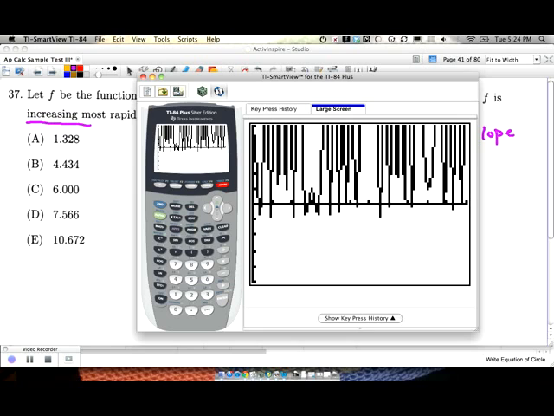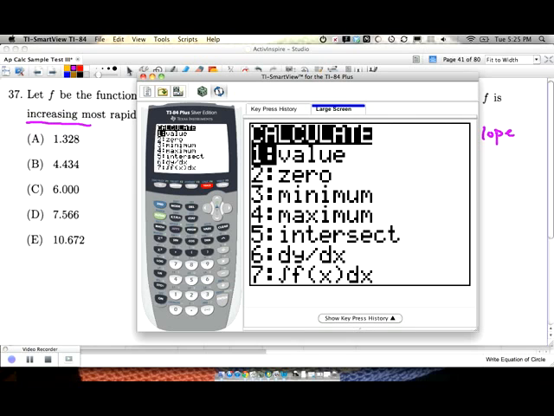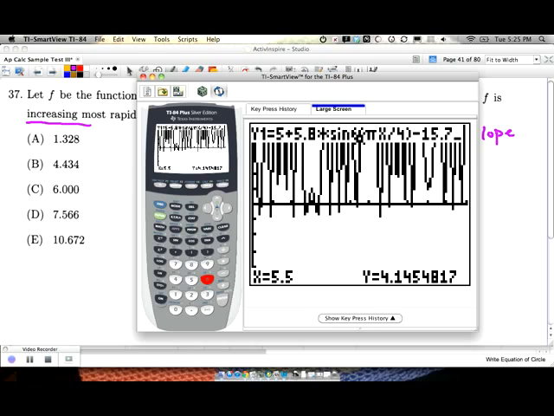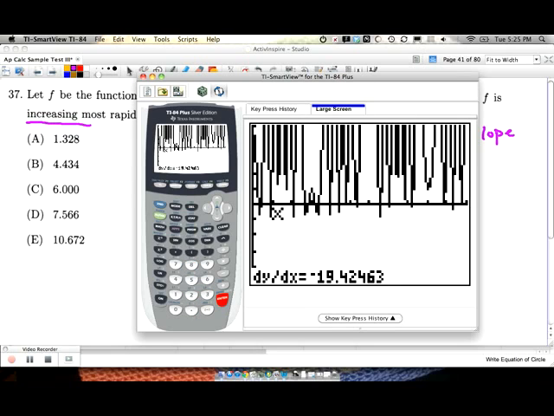So let's calculate the slope at 1.328. Second, calculate the slope, which is dy dx, at 1.328. That's about negative 19. I don't think that's going to be it.